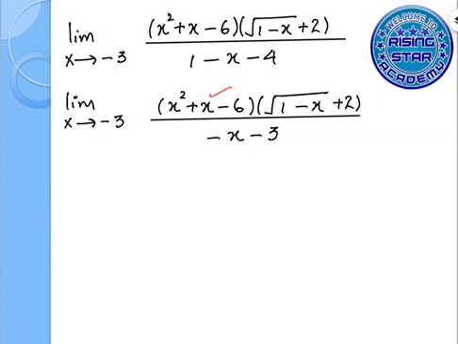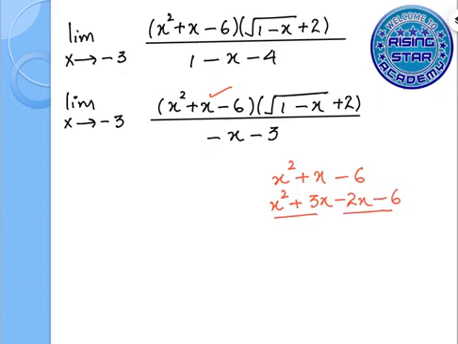So if we make the factors of this, we have x² + x - 6. So we need to break it down. So that would be x² + 3x - 2x - 6. I will make the pairs and take x as common.